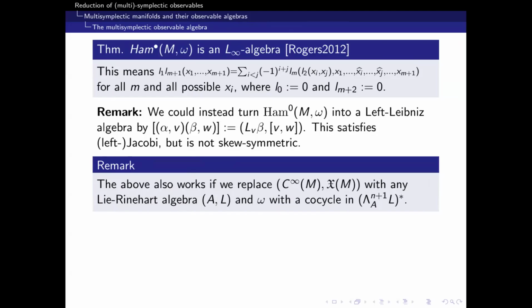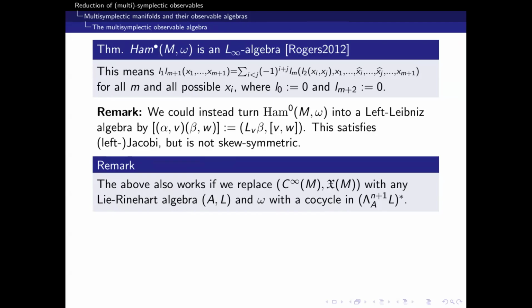So one remark is that this construction, how we get the L-infinity algebra, can be done for any Lie-Rinehart algebra. A Lie-Rinehart algebra is an associative algebra plus a Lie algebra, which is also a module over the associative algebra, such that the bracket acts as derivations.